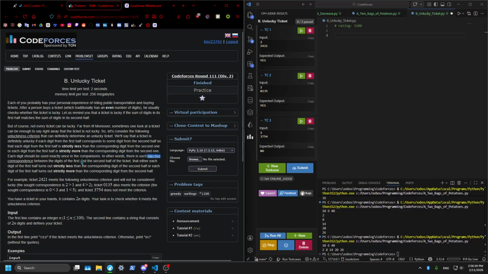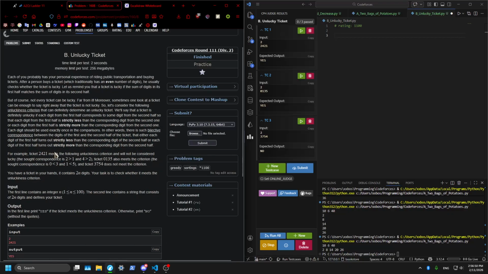Such bijective correspondence between the digits, strictly less, strictly more. For example, 2421 meets the following and will not be considered lucky. 2 is greater than 1, 4 is greater than 2.